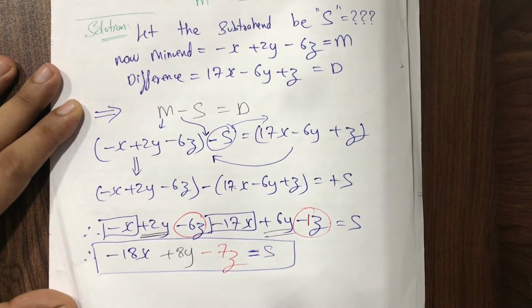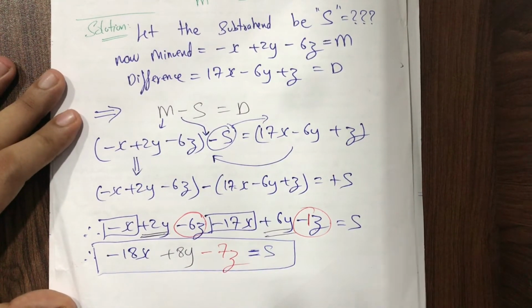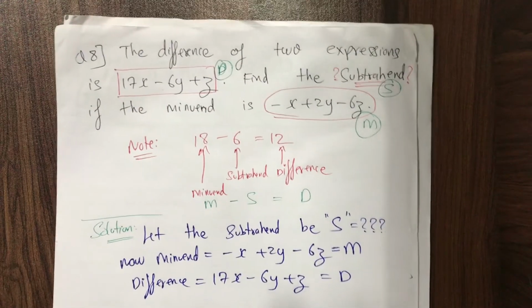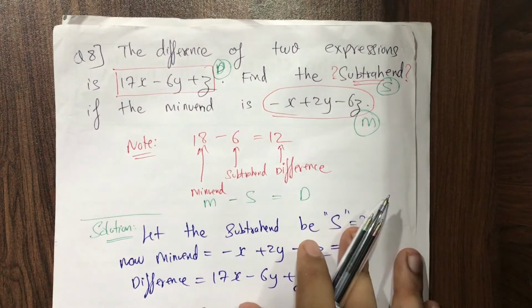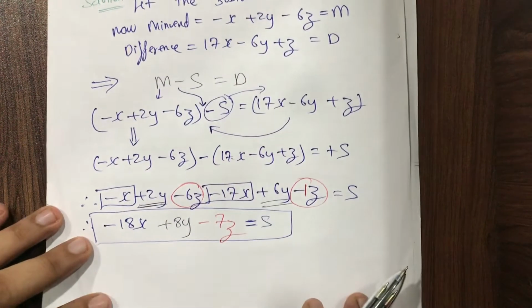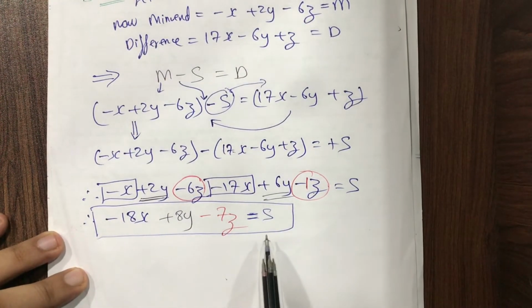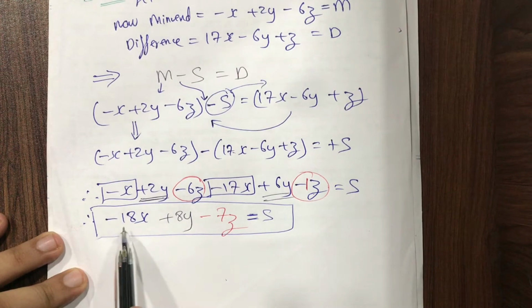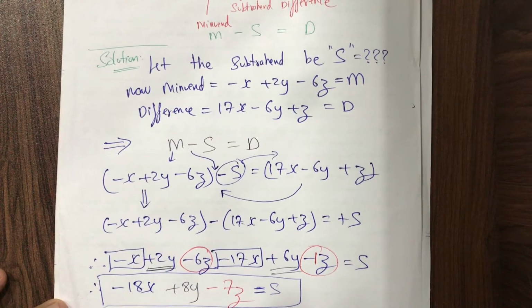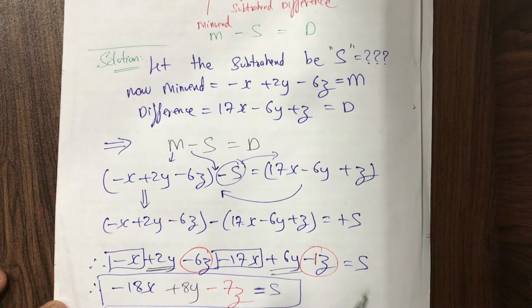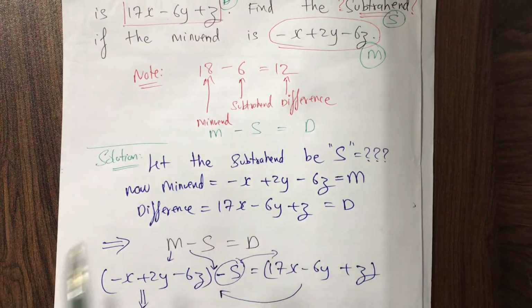We got our value. So the question was, find the subtrahend. So here the answer is, the subtrahend which we denoted by capital S is minus 18x plus 8y minus 7z. Please pause the video, students, and do it properly, and also copy this note.